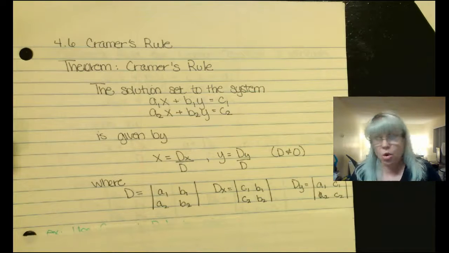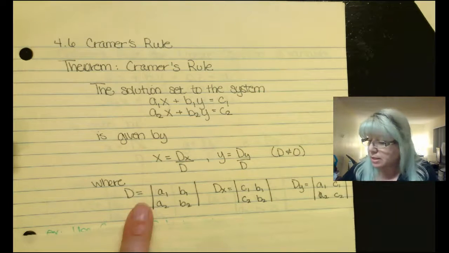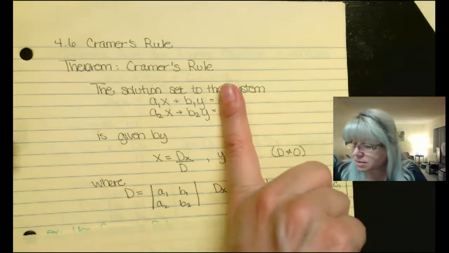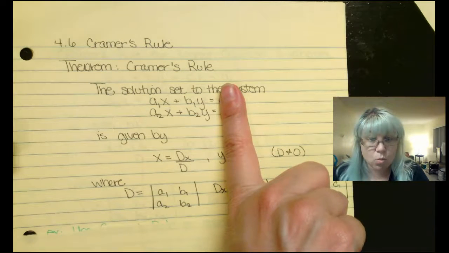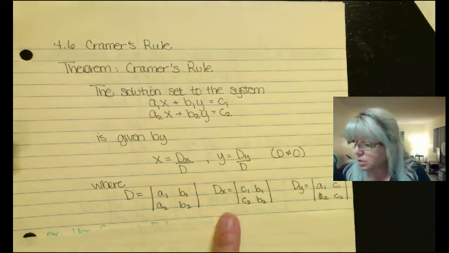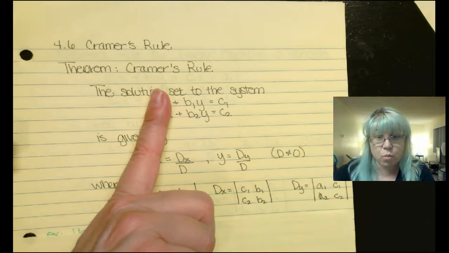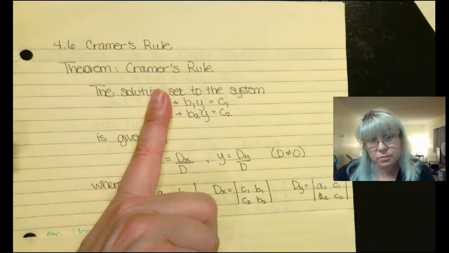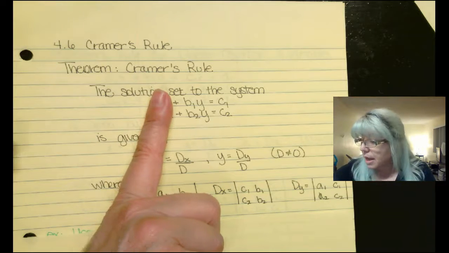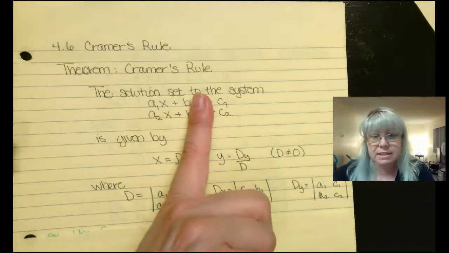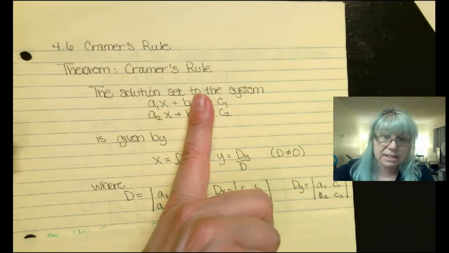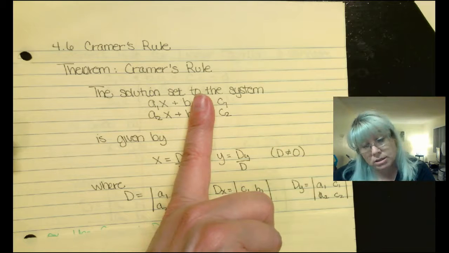If you want to memorize it, d is remove the answers, and it's the coefficients of x and y. For dx, remove x, and therefore it's the coefficients of y and the constants. And dy is remove the y's, and it's the coefficients of the x's and the constants.